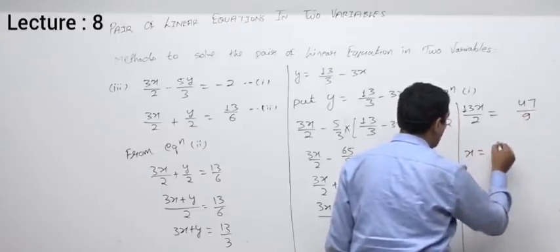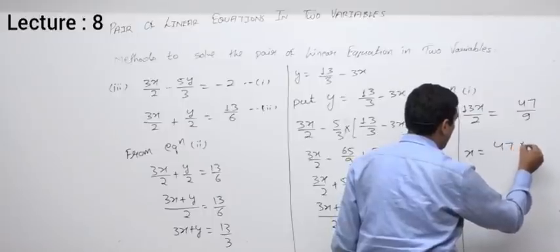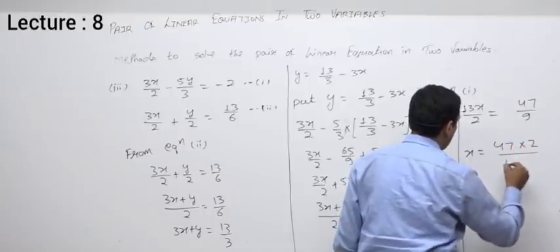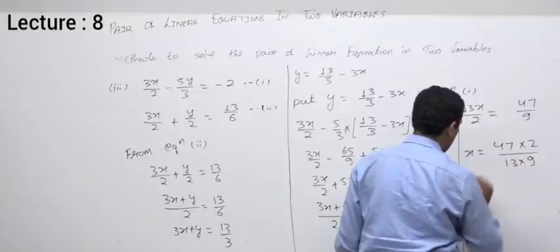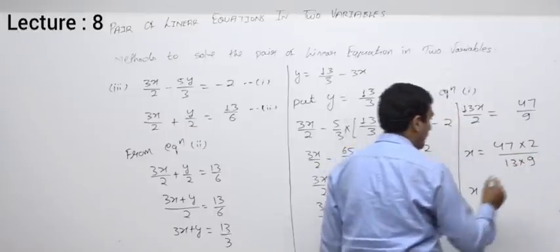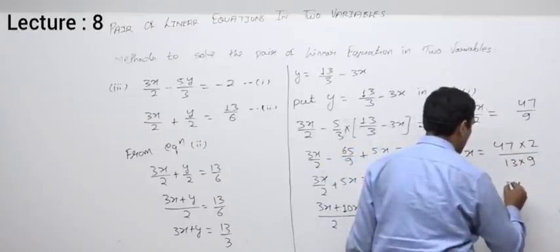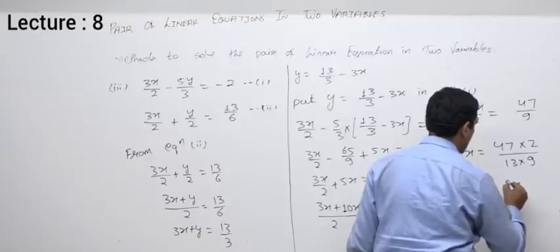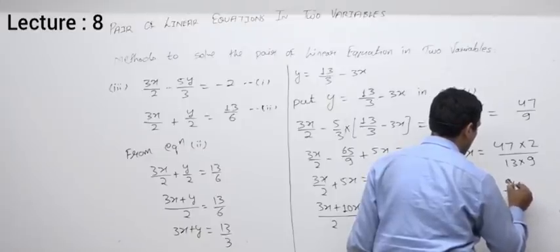So x is equal to 47 multiplied by 2 upon 13 into 9. So the final value of x is 94 upon 117.